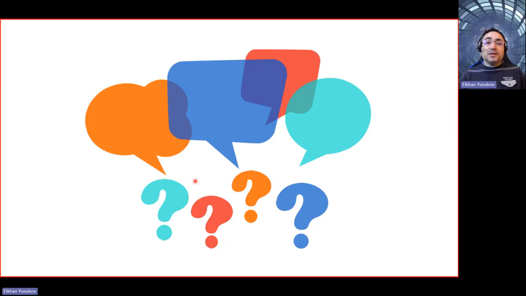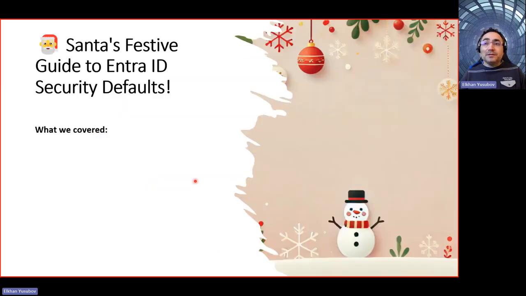So let's wrap up here and see what we learned during this session. This was a bit of a short session, but to the point of explaining Entra ID security defaults. So we started with covering what it is and why you would need that.